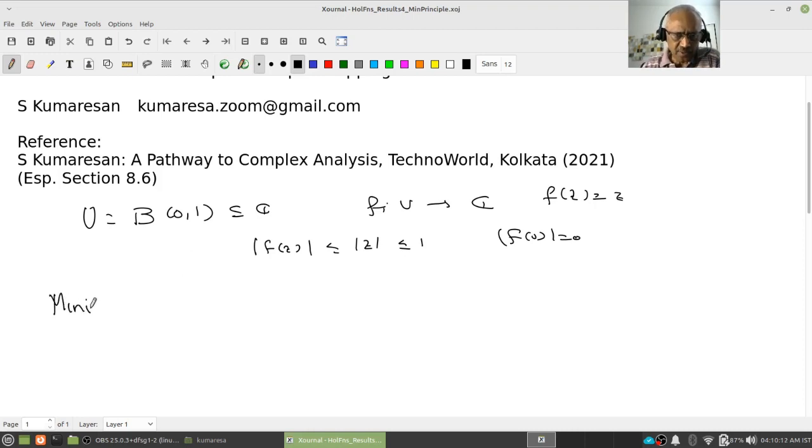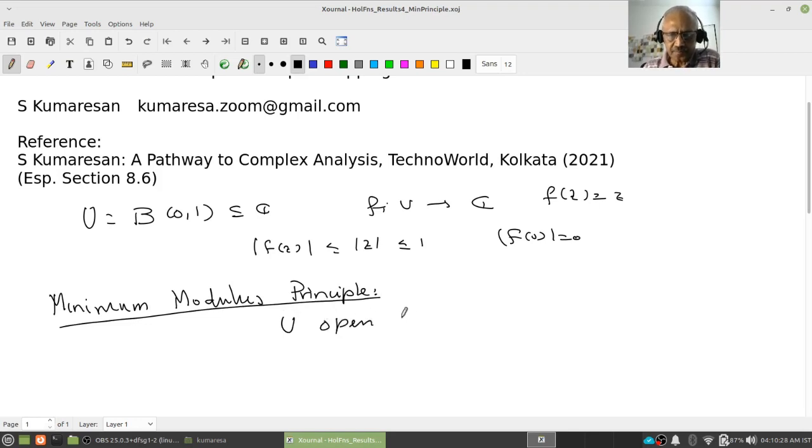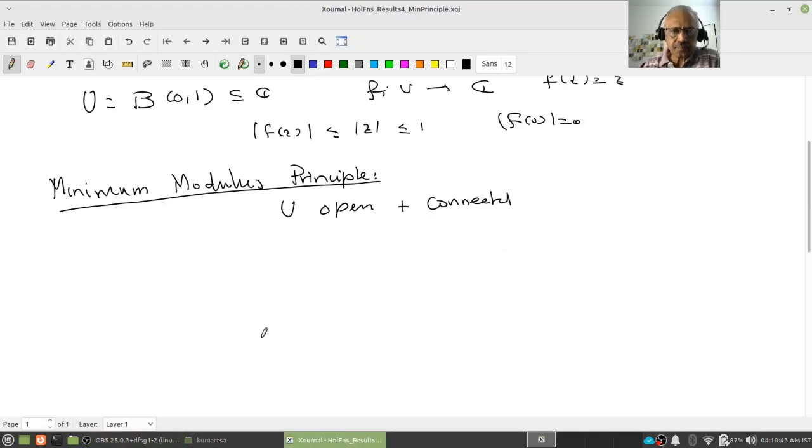If you think carefully, you will arrive at this. As usual, there are equivalent versions. I will try to formulate it the way we formulated the maximum modulus principle. So let U be open and connected, and let f from U to C be holomorphic.